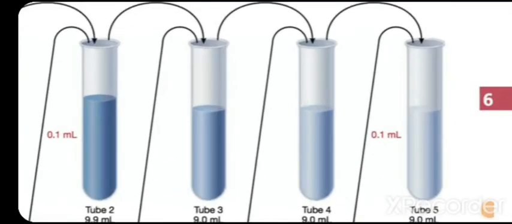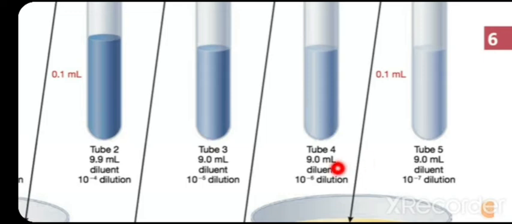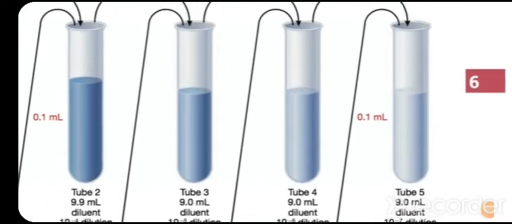Now say, for example, if you get 20 colonies from tube number 4, which is showing dilution of 10 raised to minus 6. So 20 colonies from the dilution 10 raised to minus 6, then the total number of microbial cells present in this sample will be 20 into 10 raised to 6. Now here how much sample have we transferred?